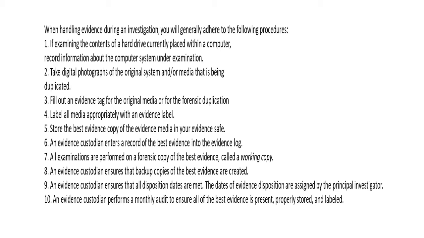So now, when the investigators come, the first thing that they need to do when they are following proper evidence handling procedures is to record the information about the computer system that is under examination. And during that process of recording information, what kind of information are they recording? If it's a computer, they're taking the serial number of the computer.